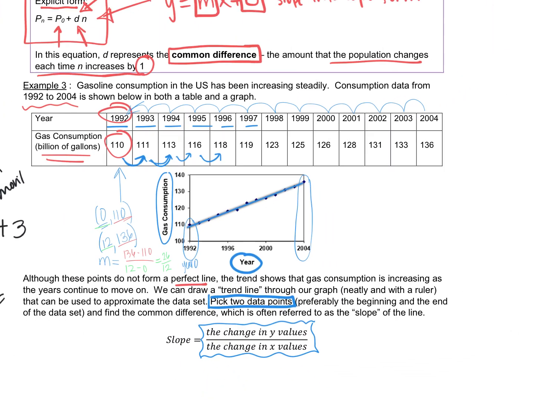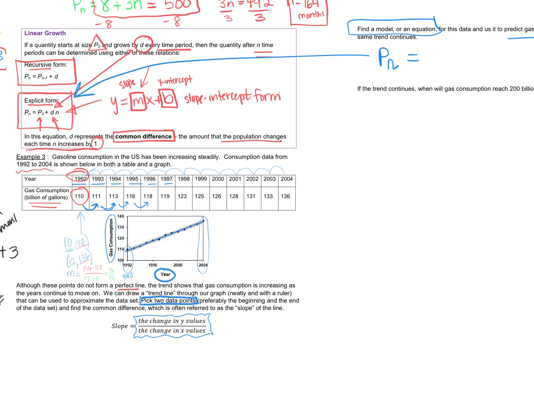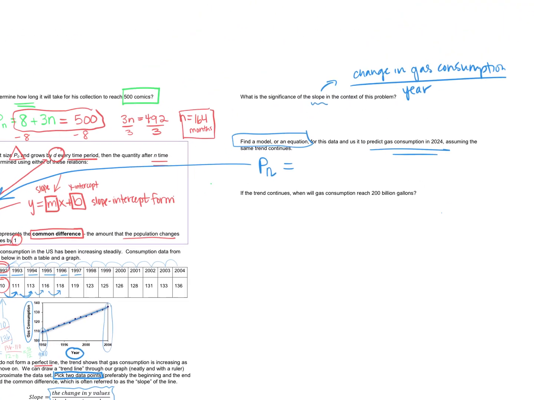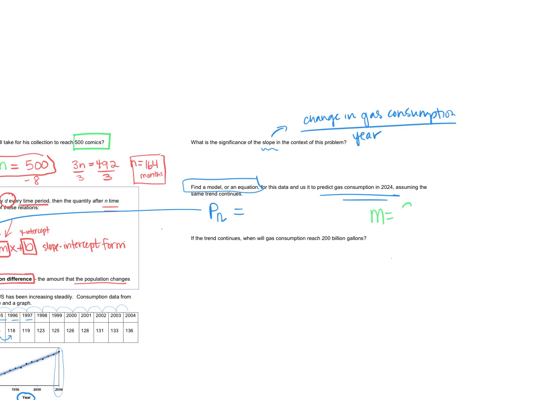If you want to leave it as a fraction, because it is that repeating decimal, we could say that our slope, 26 over 12, equals, dividing just by 2, 13 over 6.